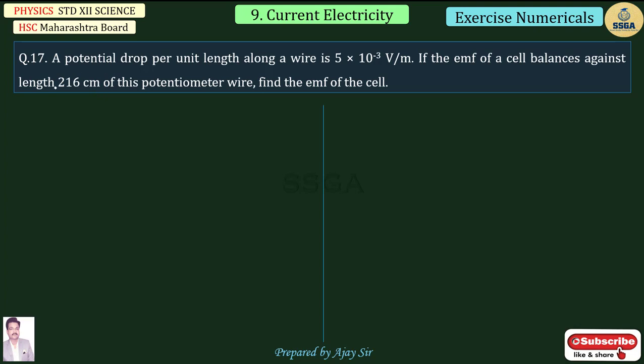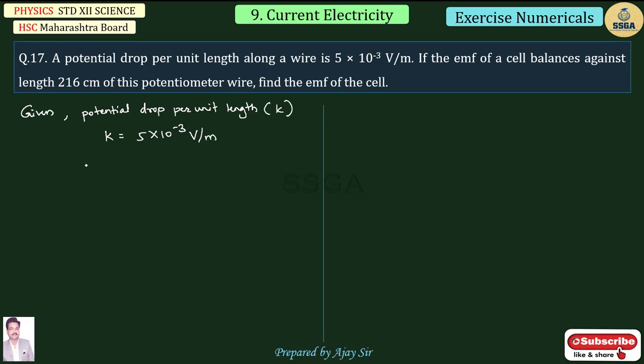So let us write the given things. So given potential drop per unit length, that is K is given. So this value of K, that is 5 into 10 raised to minus 3 volt per meter.